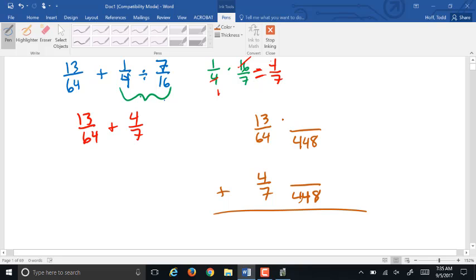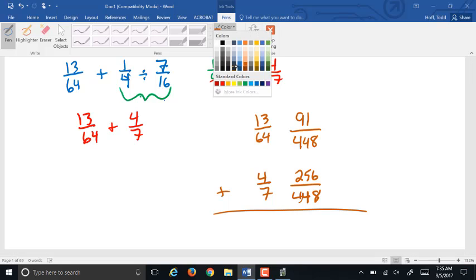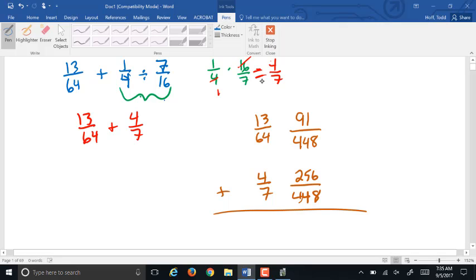So 64 times 7, so 13 times 7 is 91. 7 times 64, so 4 times 64 is 256. 91 plus 256 is 347 over 448. Can that be reduced at all?